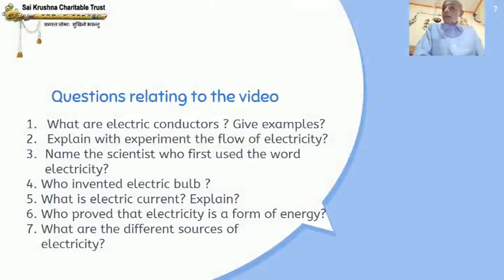Okay. Then, here are a few questions for you all to answer. What are electric conductors? Give examples. Second question. Explain with experiment the flow of electricity. I have already explained to you with a figure.